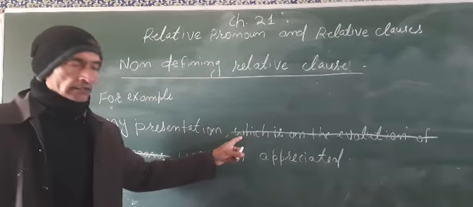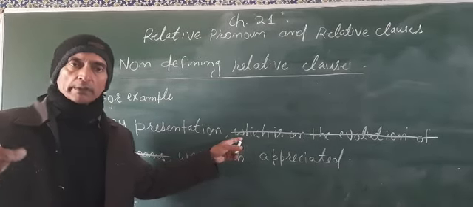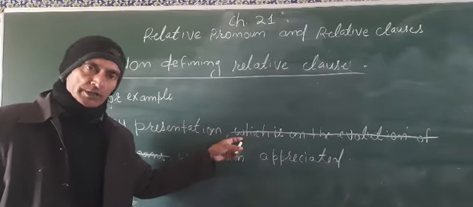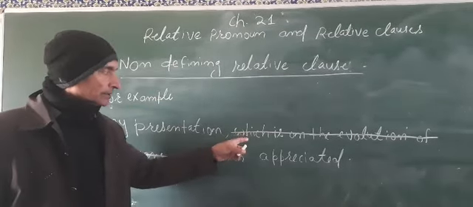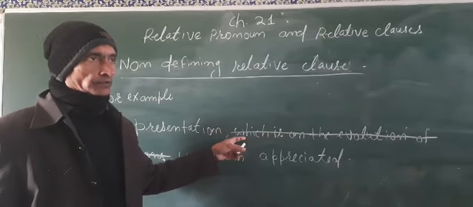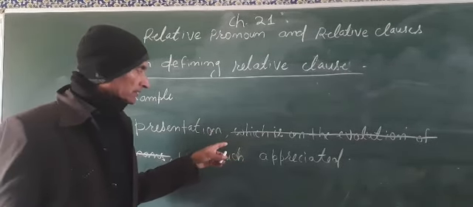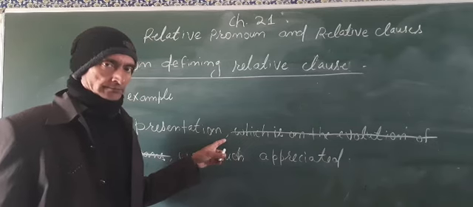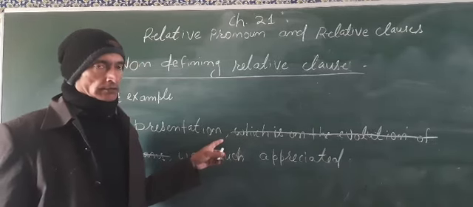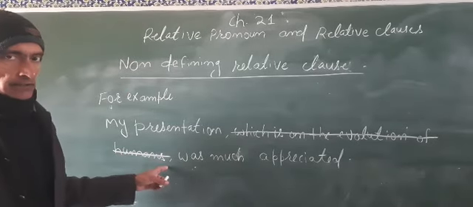So non-defining clauses give some extra information about the subject or the object. How can you identify non-defining clauses? They commence with a comma and end with a comma again.